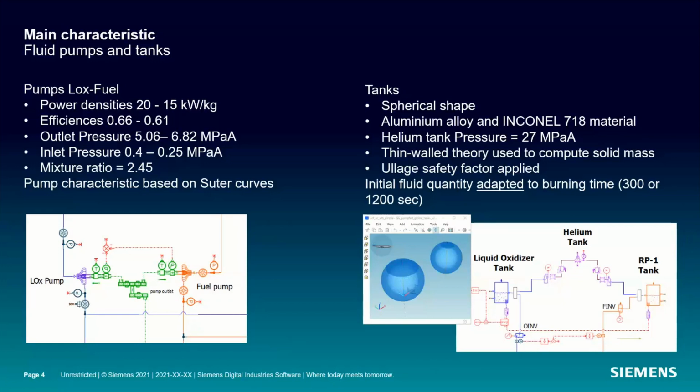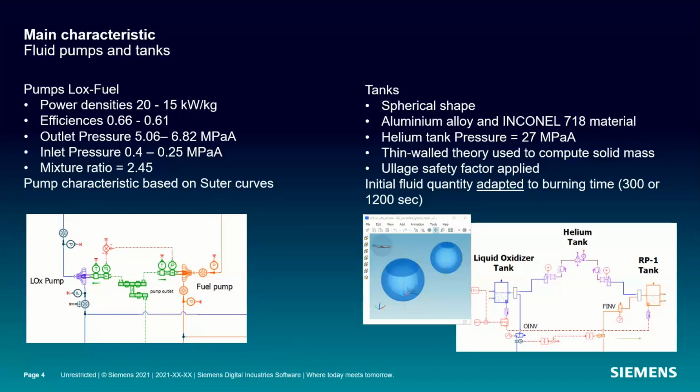And then we took spherical shaped tanks, right? So we have different geometries, and you'll see that in the next level of the presentation, the process of importing tanks within Amesim. But you can take different CAD geometries and ultimately import them and parameterize your different tank models inside of Amesim. So we did a spherical shape. We knew that it was going to be an aluminum alloy, so we had a specific material property for it.